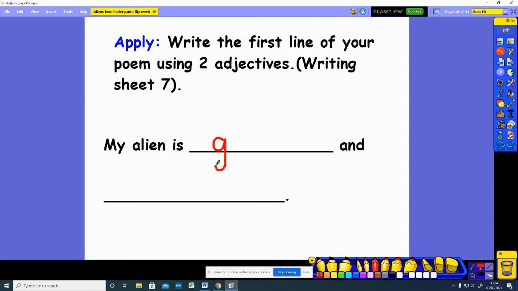G. R. E. E, my special friends. Green and small. I remember how to write small because I've just written it.